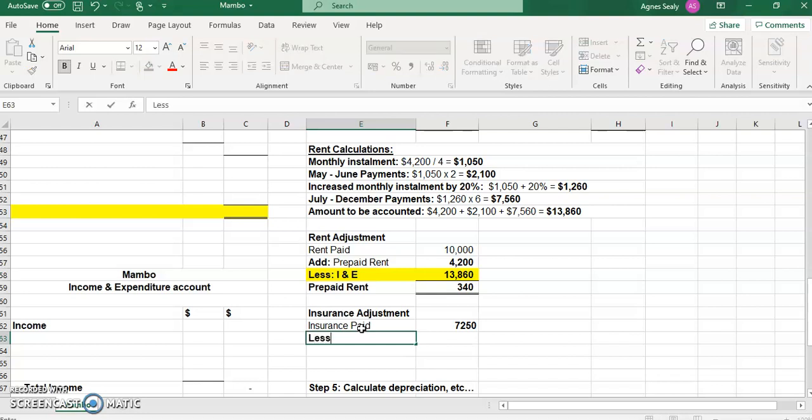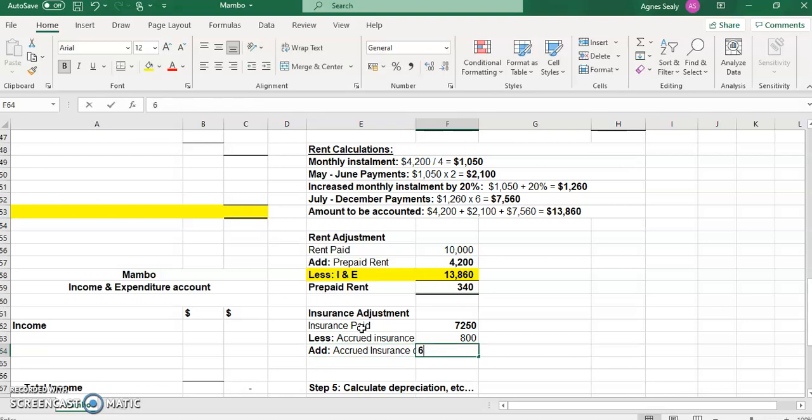So less accrued insurance brought down, which was $800. And then we are going to add the accrued insurance carried down at the end, and that was $650.